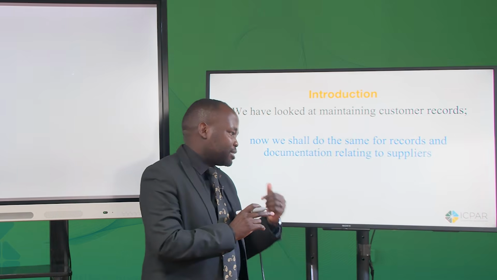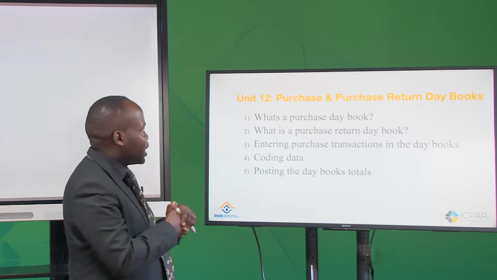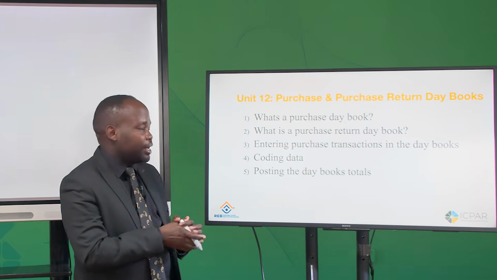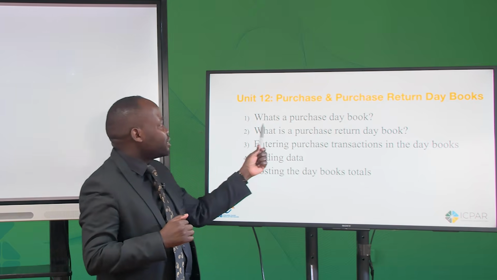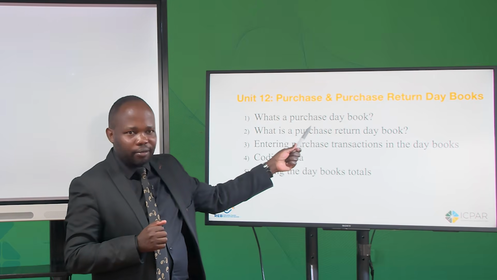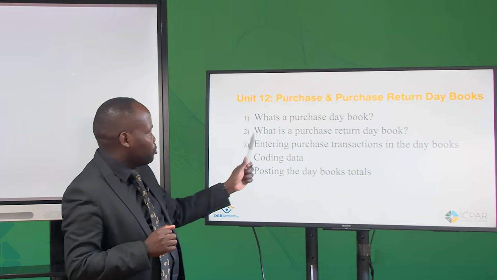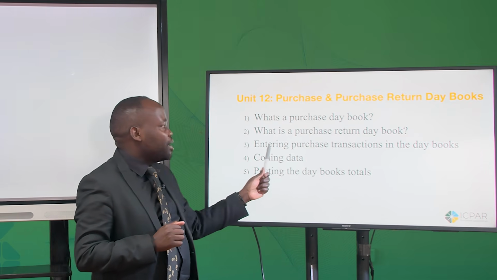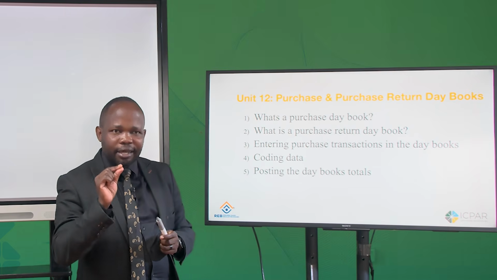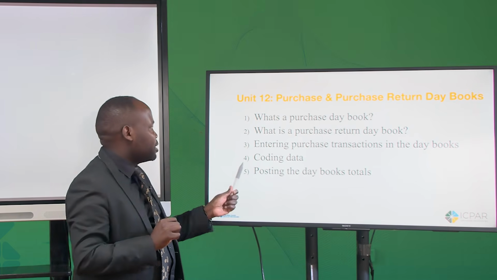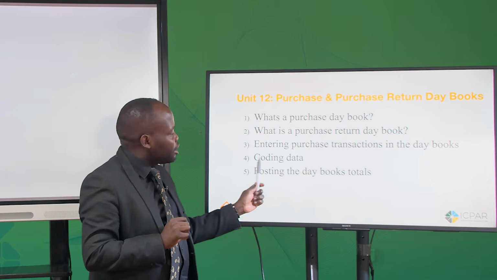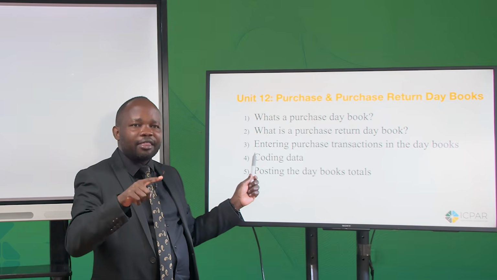So which subtopics are we going to look at in this chapter? Number 1, what is a purchase day book? Number 2, what is a purchase return day book? Number 3, how do we enter transactions in these two day books? And number 4, coding. Remember, coding has been affecting all the other chapters.